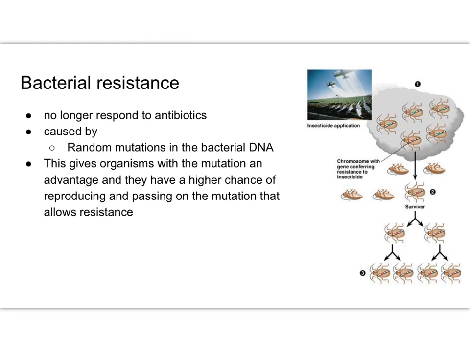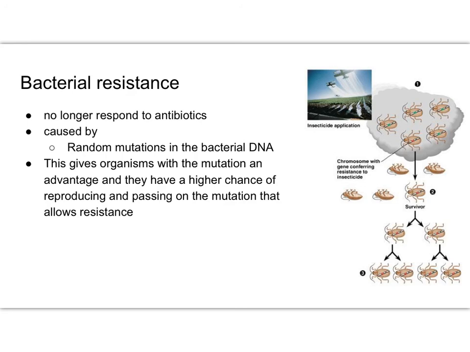What about bacterial resistance or insecticide resistance? Bacterial resistance refers specifically to bacteria that don't respond to antibiotics anymore. Your doctor prescribes a certain set of antibiotics, and it doesn't kill the bacteria because they don't respond to that particular antibiotic anymore. These are caused by mutations in the bacterial DNA, and it's beneficial to the bacteria to have this mutation.